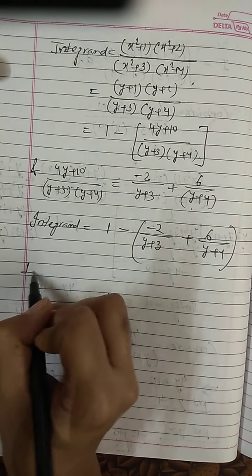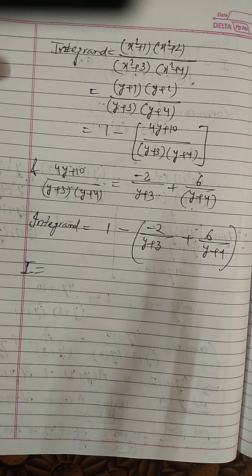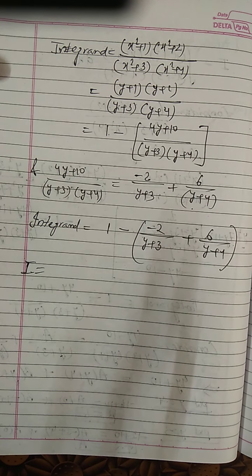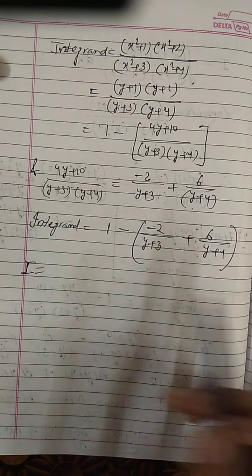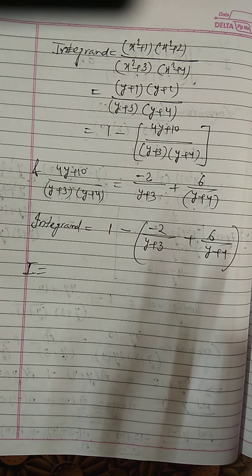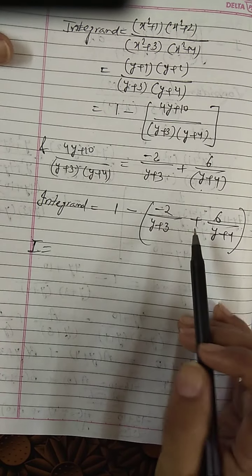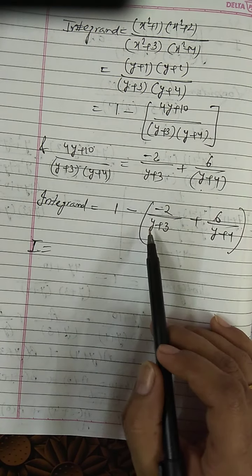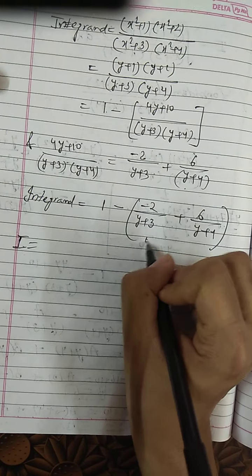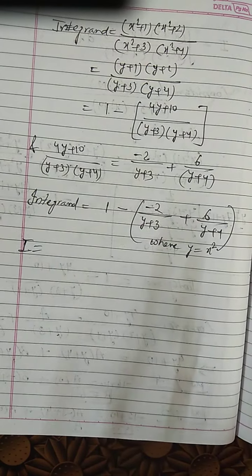So now go back to the integral. Because we changed our integrand from x square to y form, once all the calculations are done, the integrand has been simplified and converted into partial fractions, we will substitute back the value of y, where y is actually x square.